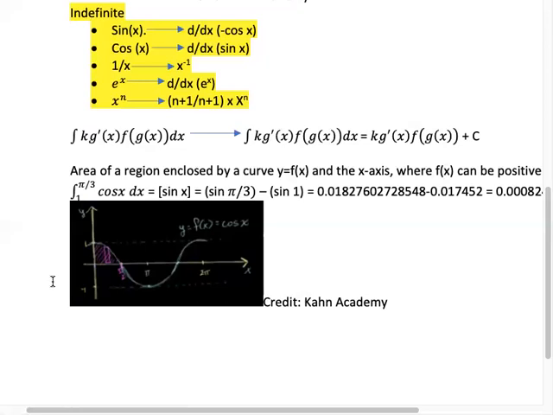What you need to keep in mind with integrals of these transcendentals, the trigonometric functions and the e to the u, the weird ones, is remember that on your formula sheet, it says the derivative of sine of x is cosine of x. But what I taught you is that the derivative of sine of u is cosine u times du.